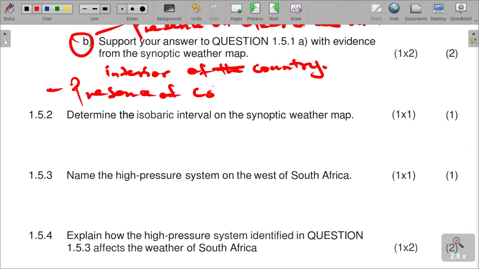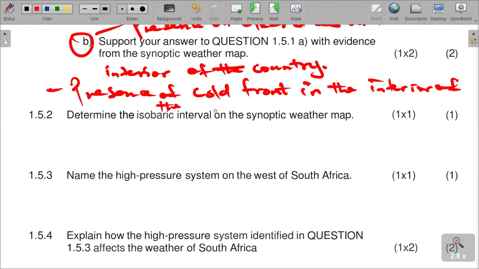Presence of the cold front in the interior of the country identifies that we are in winter.